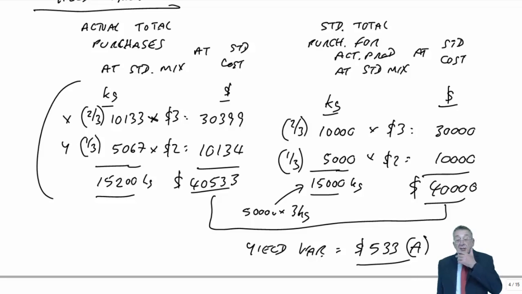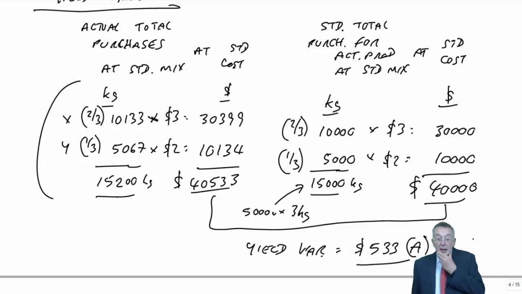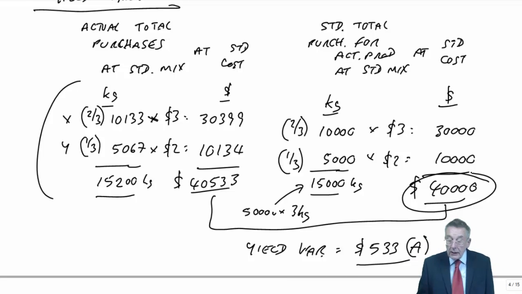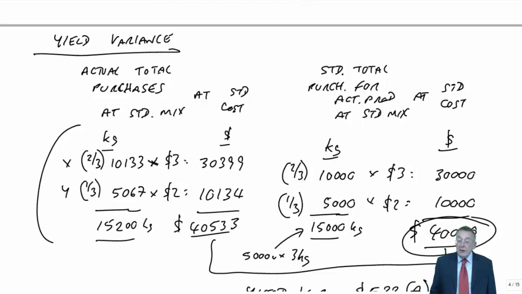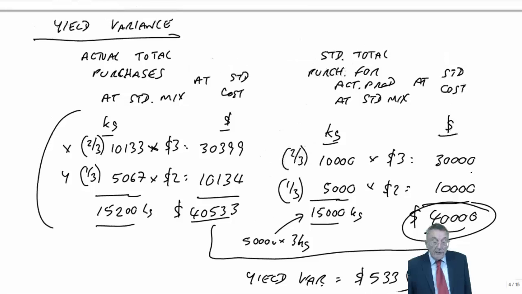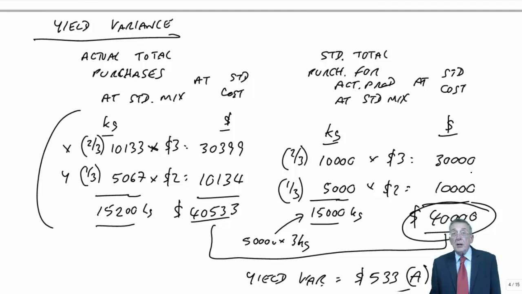And before I summarise, just to make sense of it, or I hope all that made sense, we said from the very beginning, if everything went perfectly, we'd have used 2 kilos, 1 kilo for every unit. We'd have paid $3 and $2. We'd have paid 40,000. What went wrong? First thing that goes wrong is we used more in total than we should have done.